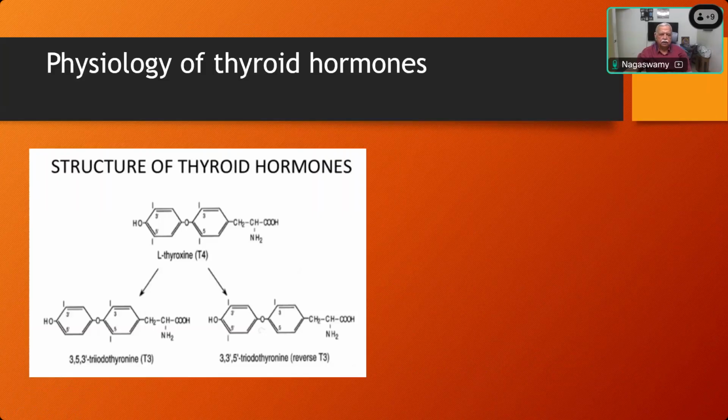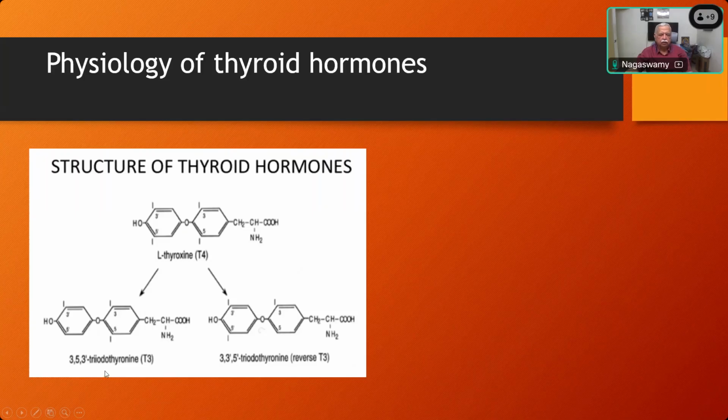Now this is the structure of thyroid hormones. So levothyroxine T4, you can see it has got 4 iodine at the 3 and 5th position. There are 2 benzene rings attached with an oxygen, and you have the iodine at the 3rd and 5th position in both the rings. One is called the inner ring, other is called the outer ring.